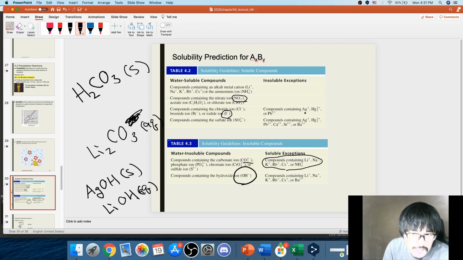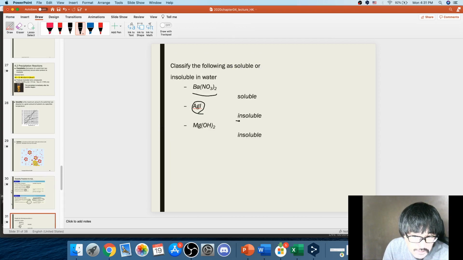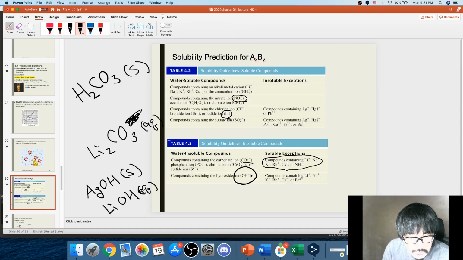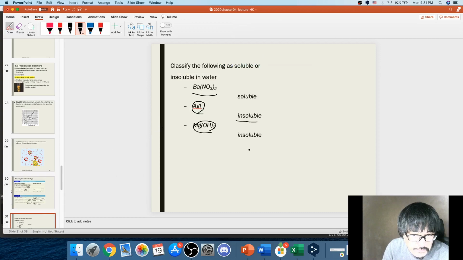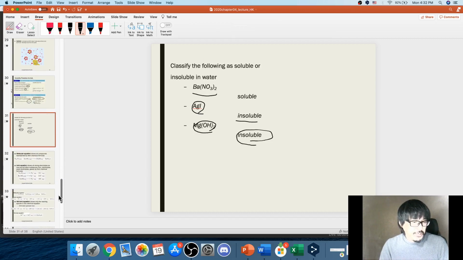That one is in the exceptions, which means it is solid, water insoluble. And then MgOH2, I'm looking at OH minus. OH minus combined with anything is water insoluble, but Mg is not on the exception list, so it's going to be solid. So water insoluble here. I hope that one is clear now.